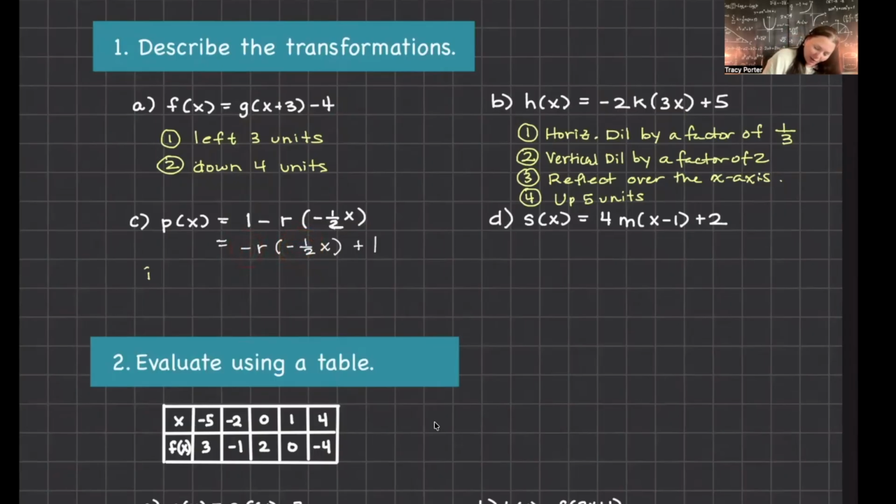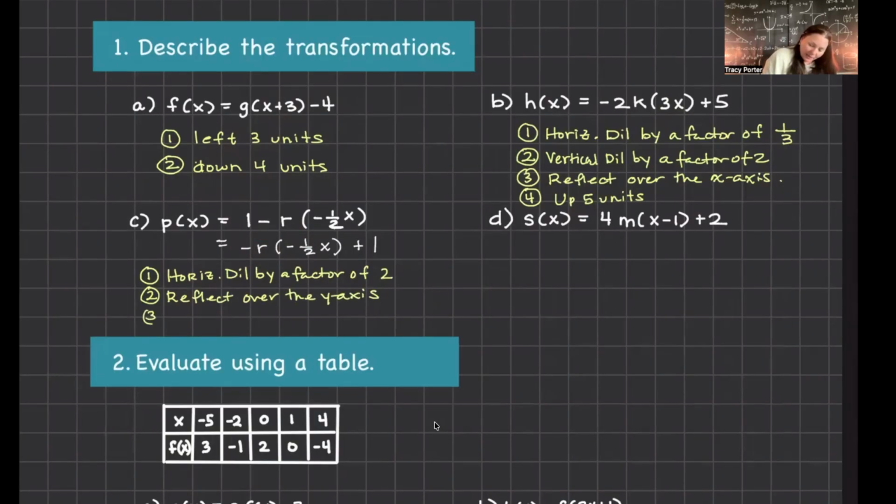So if we're going to describe these transformations, let's start with the 1/2. So 1 over 1/2 is going to be 2. So we would call this a horizontal dilation by a factor of 2. Then we would say the minus on the inside reflects over the y-axis.